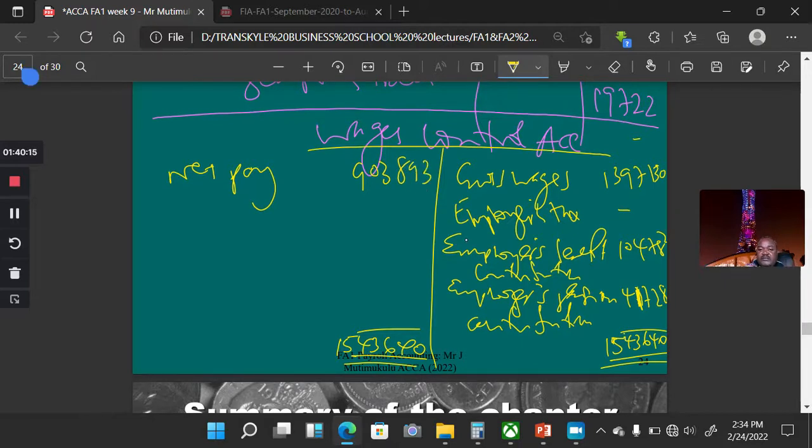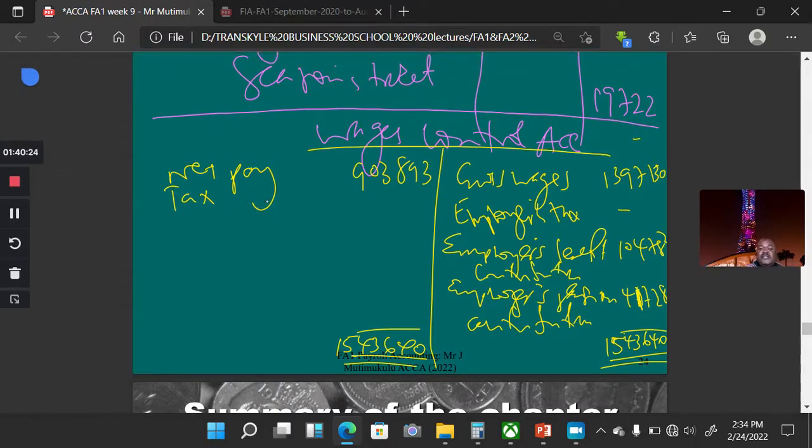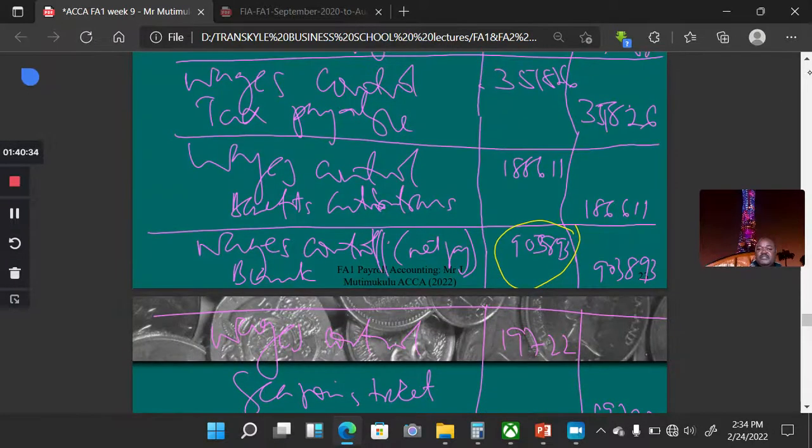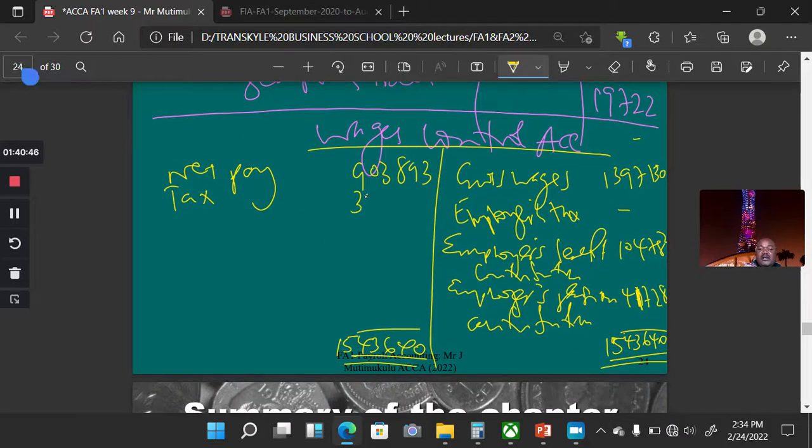Then we've got the tax. In this case there were only employee deductions, and we have to factor them here. Those taxes, this tax payable, 351,826.